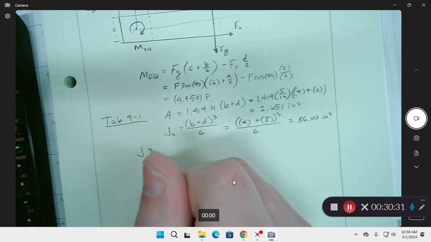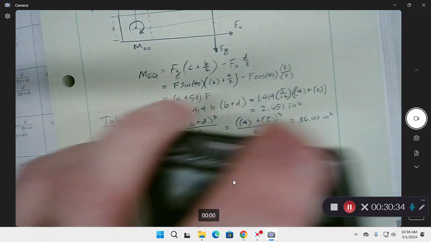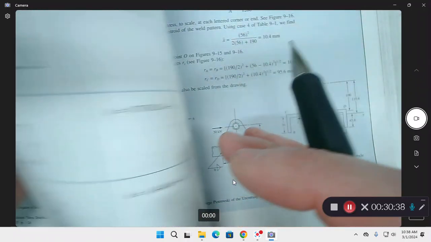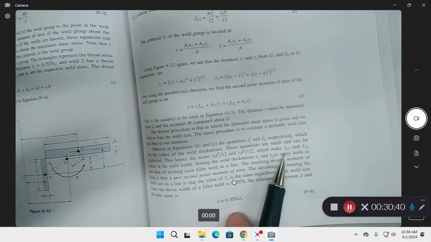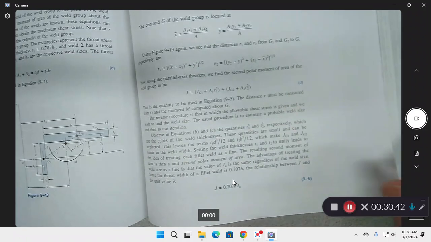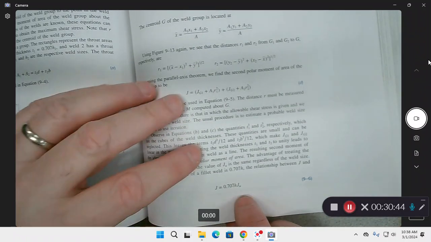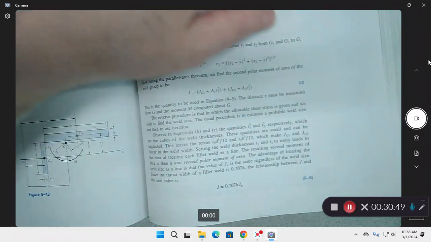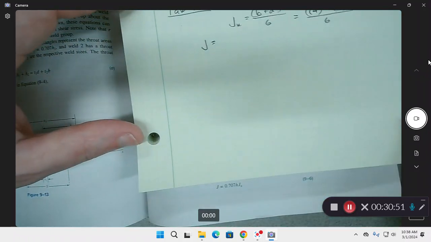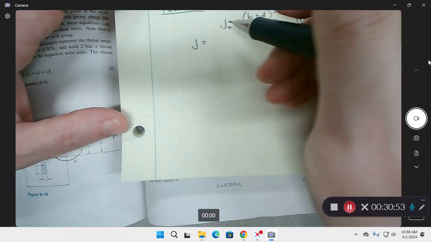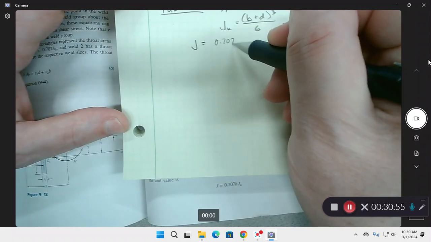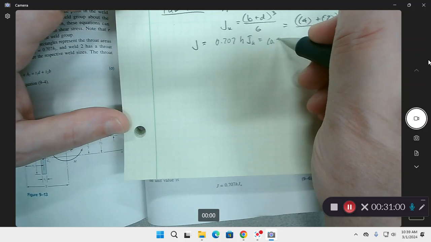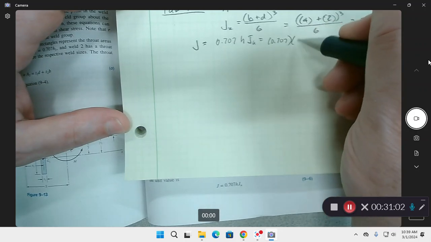We need to take J, and let's see, where's that equation, just to remind ourselves. Right here. Boom. 0.707 HJU. So 0.707, 5/16.